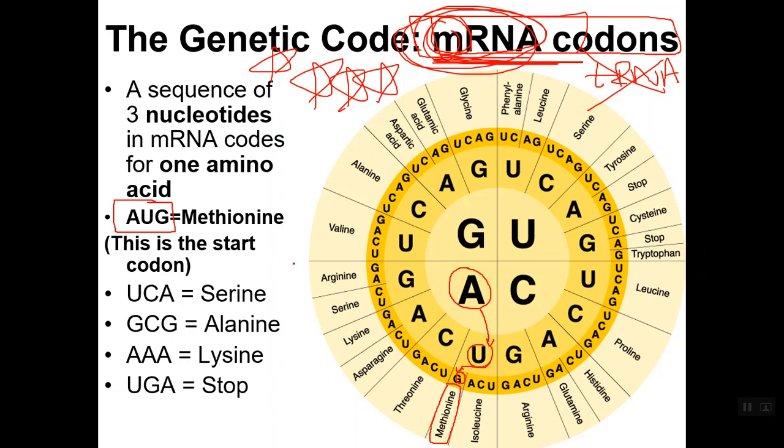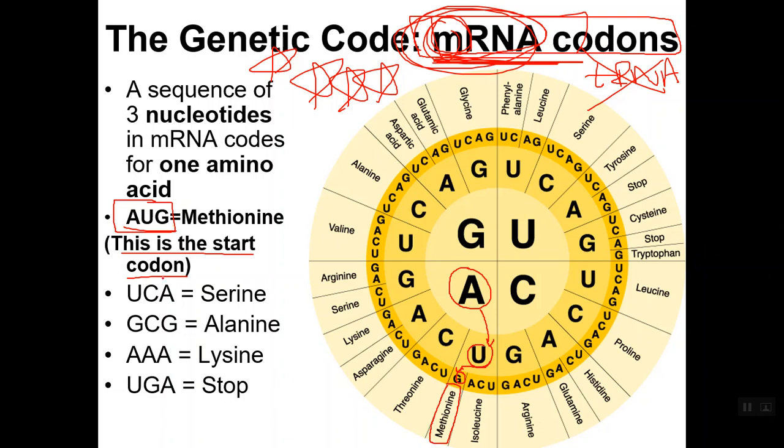This is what's called the start codon. In most proteins, methionine is the first amino acid. Therefore, AUG is usually the first codon in a messenger RNA strand, and therefore it's called the start codon.